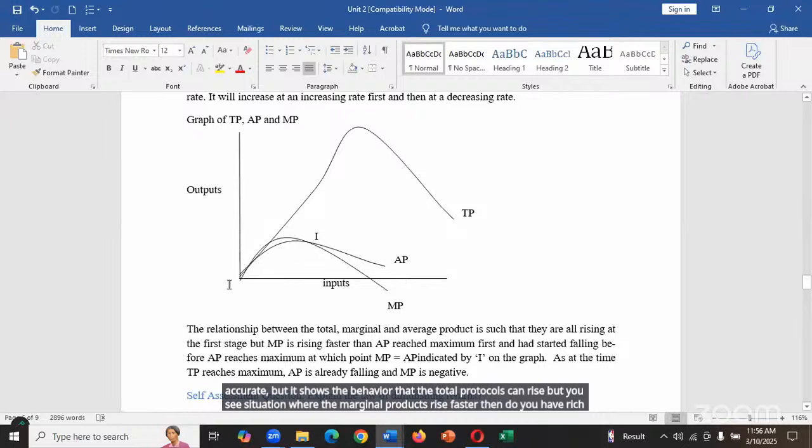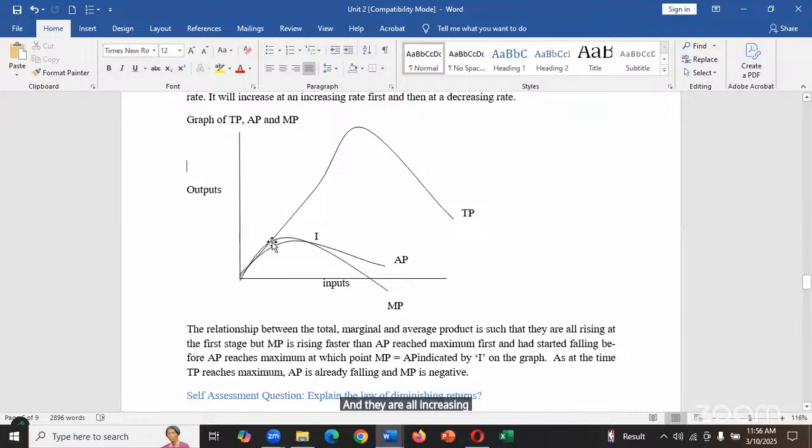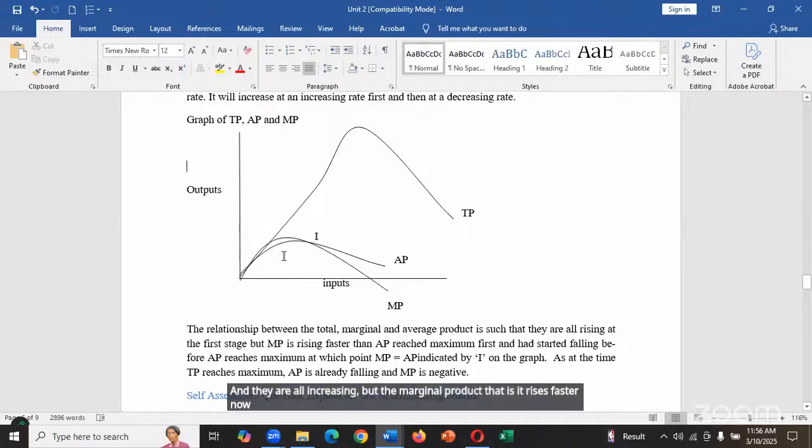At the first stage, marginal product rises faster than average product. Marginal product reached maximum first.